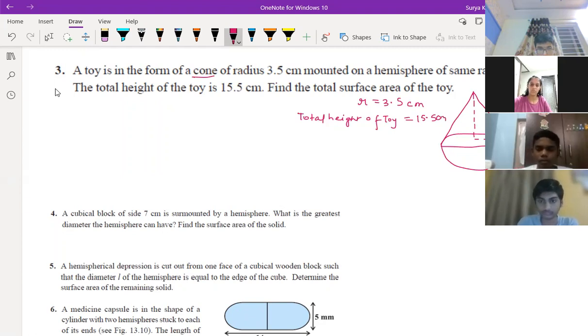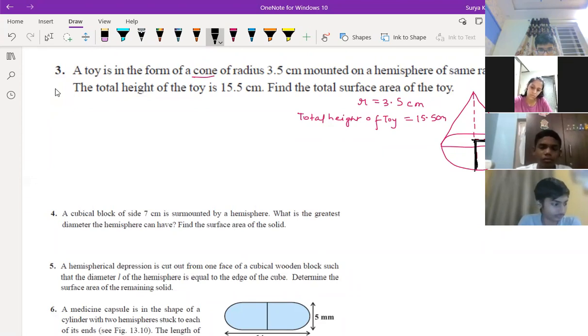If this radius is 3.5, then this height from here to here is nothing but 3.5 centimeter, correct, children? This is also a radius because it's part of the hemisphere. So both will be the same, 3.5 centimeter only.